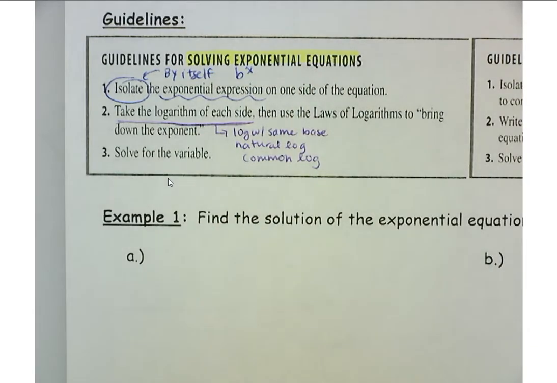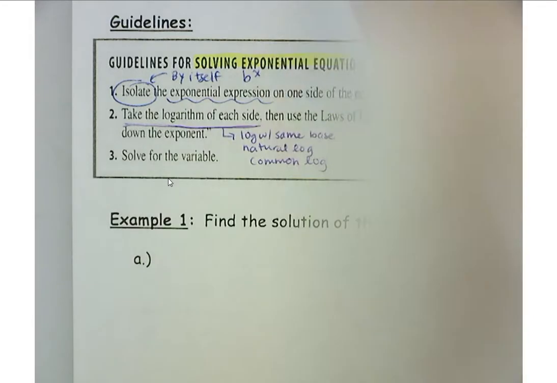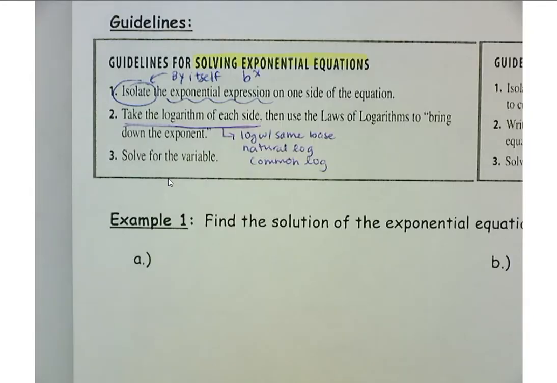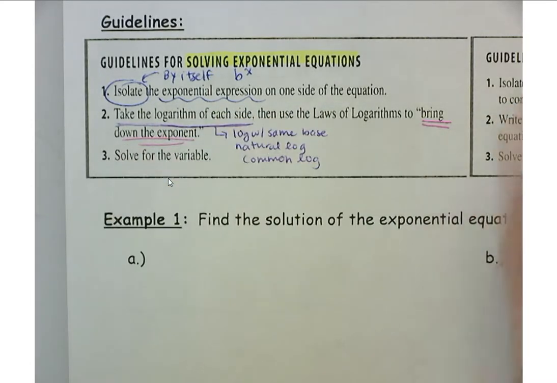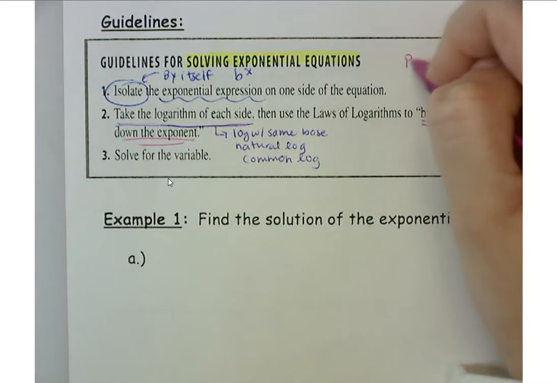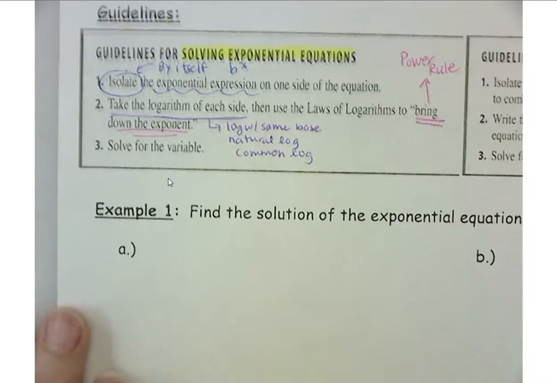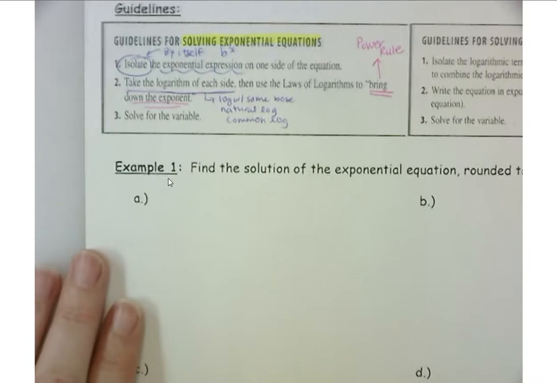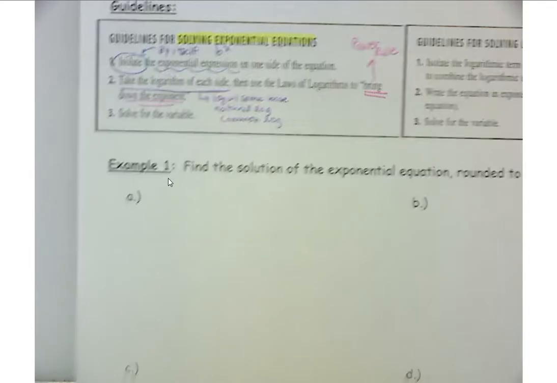And then you're going to use the laws of logarithms to bring down the exponent. When it says bring down the exponent, which law are you using? Yeah, the power rule. The power rule is something that we use a lot when we are solving exponential equations. And then you're going to solve for the variable.